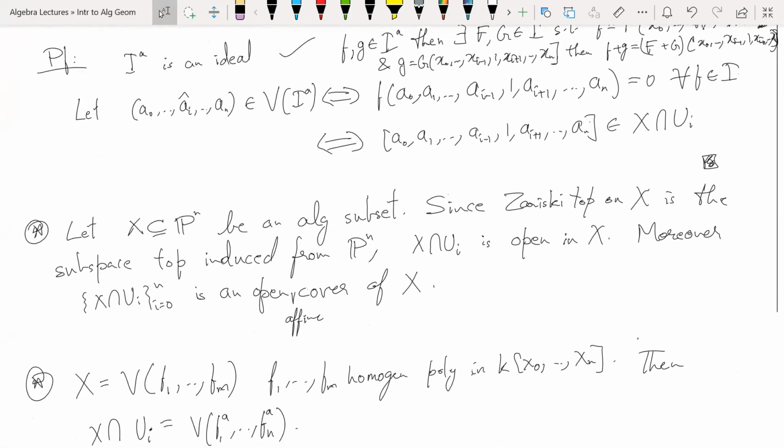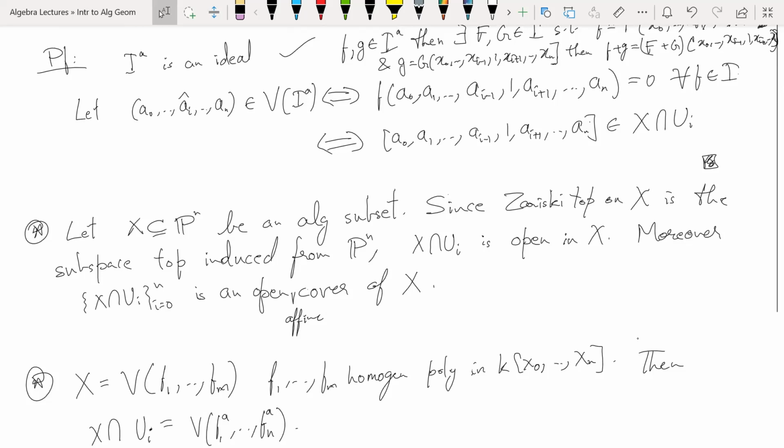But let's just assume the Zariski topology on X. We know that if X is an algebraic subset of Pn, then the Zariski topology on X is the topology induced from Pn, because that's how we defined it. Closed subsets are those algebraic subsets of Pn which are contained in X. So it's the subspace topology from Pn.